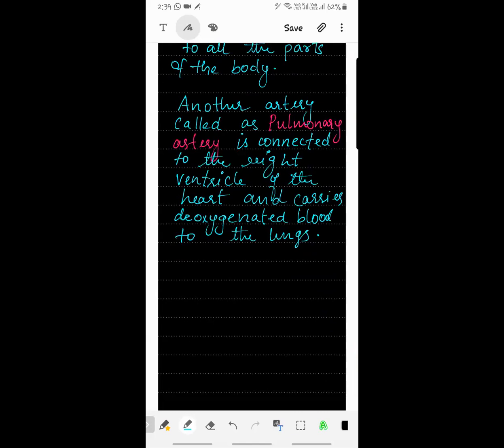Here I would like to add a note like this. Note that, to give emphasis, I will write here that arteries normally, listen properly, normally carry oxygenated blood.